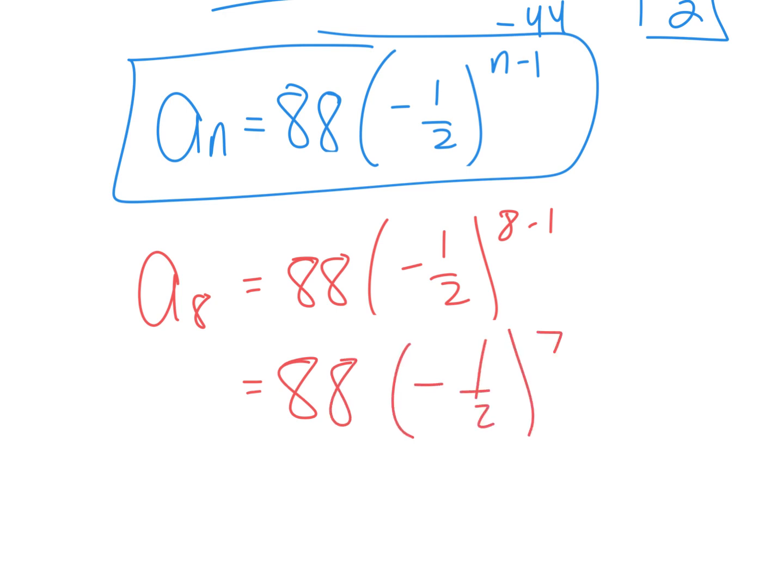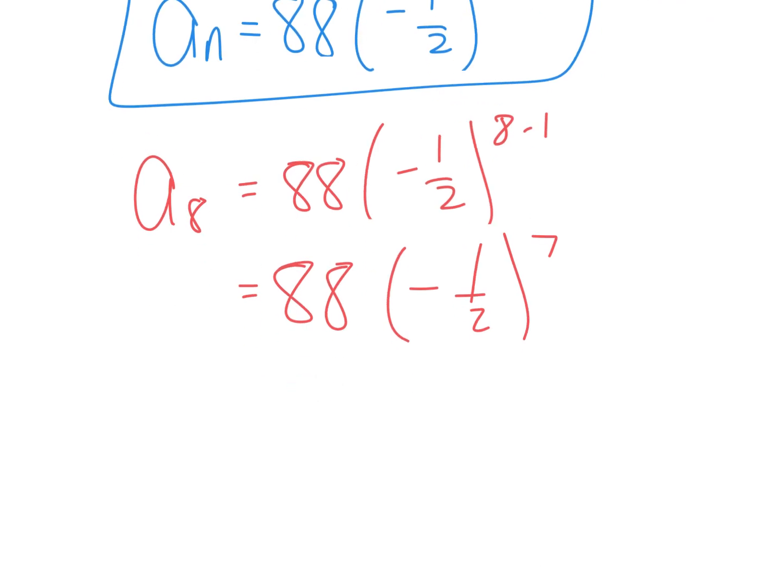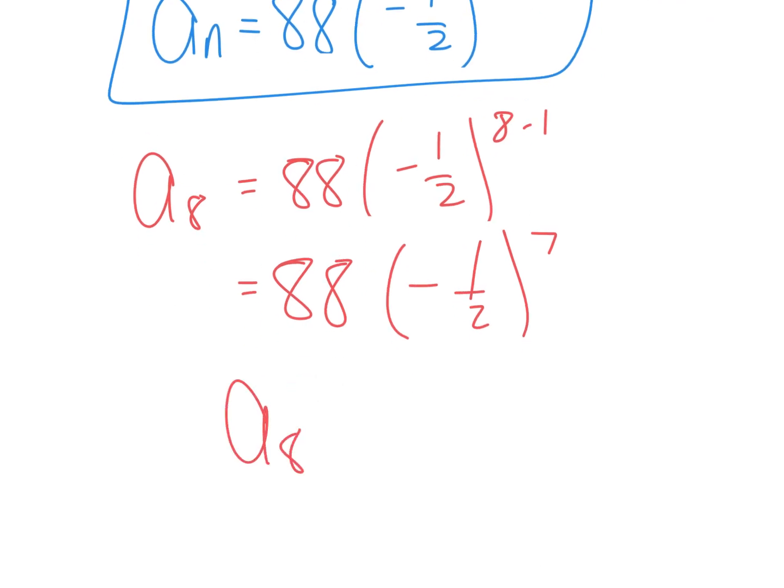Now, depending upon what the directions say, if it doesn't say anything about decimals, decimals are fine. But if the directions say no decimals, then you have to work it out with no decimals. If you have a question on how to put this in your calculator, let me know. We can work on that over the next few days. But what do you guys get for the 8th term here? All right, negative 11 over 16. Okay.